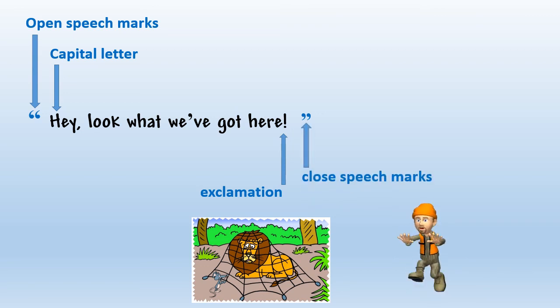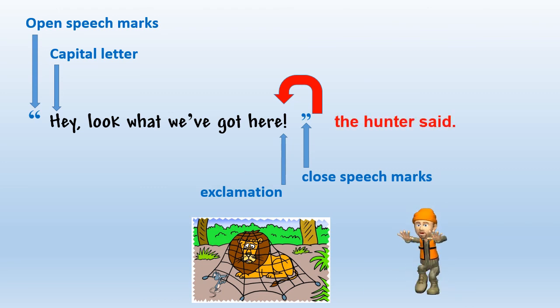And we close our speech marks. Remember, all punctuation goes inside the speech marks. And we finish off, the hunter said. We also add a full stop at the end of our sentence. So it reads, "Hey, look what we've got here!" the hunter said.